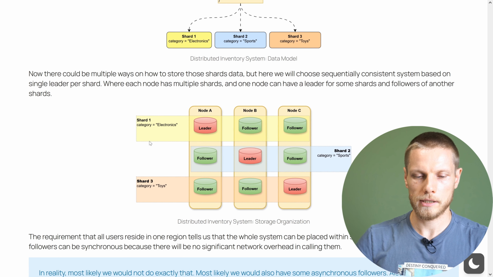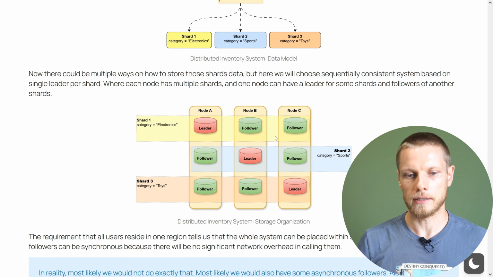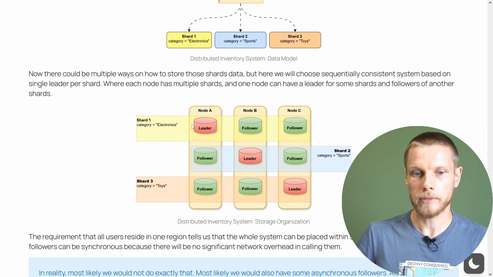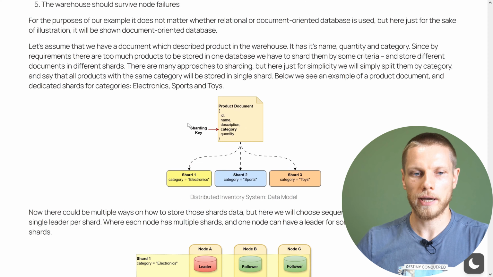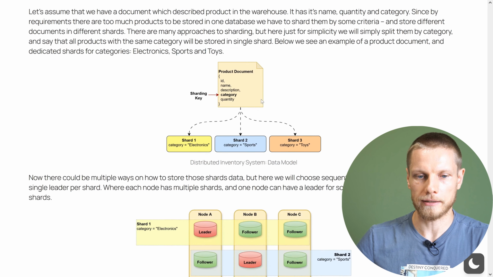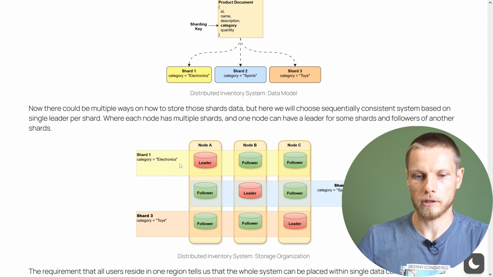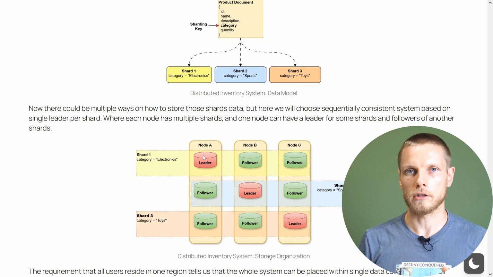We could use a sequentially consistent system with a single leader split by partitions. A single leader is required to satisfy the requirement that it's important to prevent overselling, because each product will belong to only one partition, and it means that each product will have only one leader node which will linearize all writes.